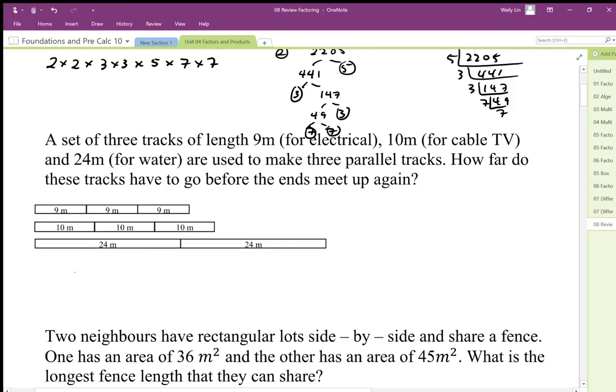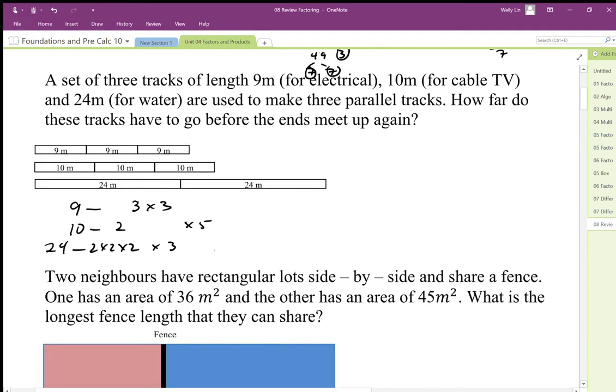So 9 factors to 3 times 3, 10 factors into 2 times 5, and 24 factors into 2 times 2 times 2 times 3, sorry, I need an extra 2 in there.